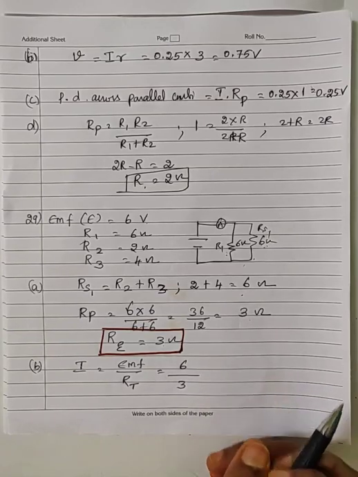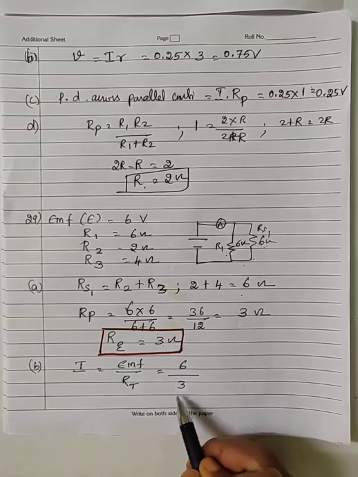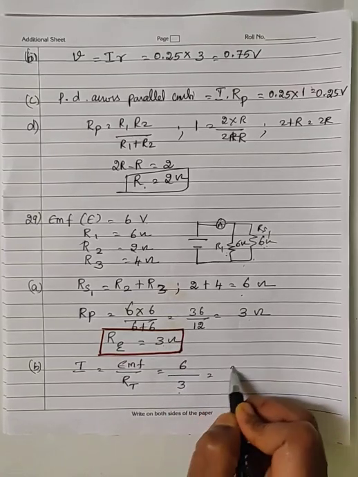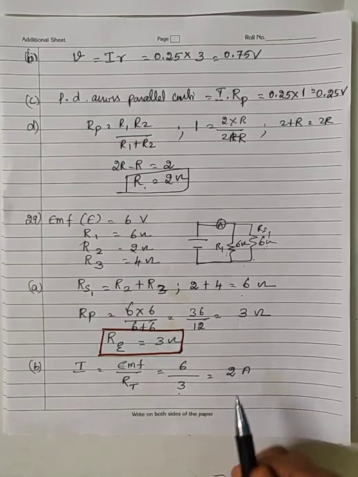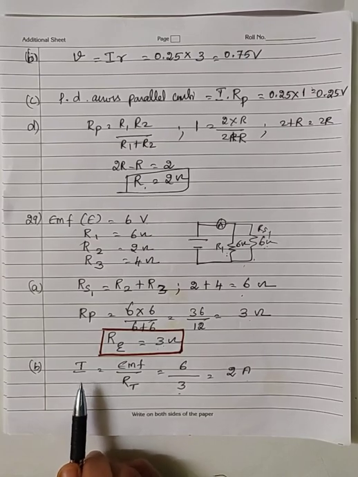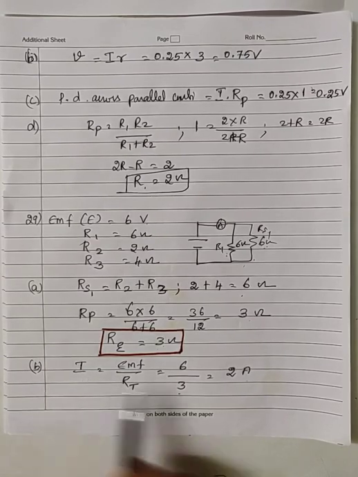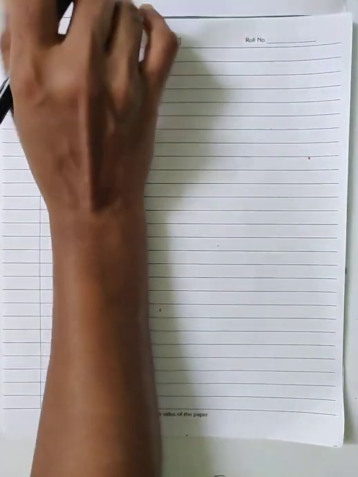When the internal resistance is not given in the question, external resistance plus internal resistance we write 3 plus 0 is equal to 3, so 6 by 3 is equal to 2 ampere. So the reading of the ammeter is equal to 2 ampere. Ammeter will read the current flow through the circuit or the current drawn from the cell, which is equal to 2 ampere. Okay. Come to the next one.